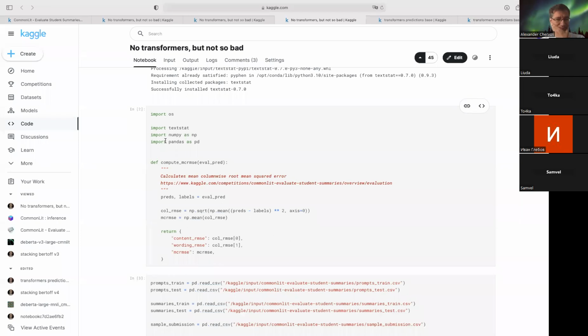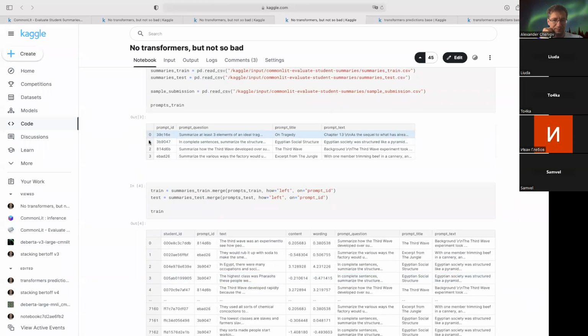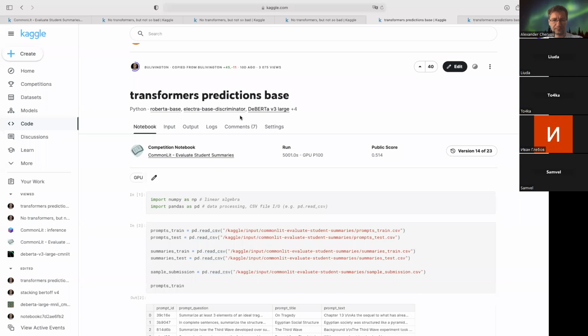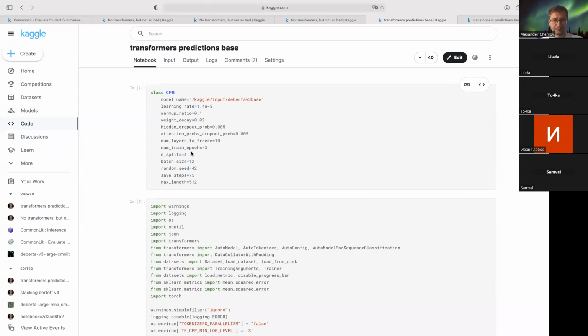What is your plan for the future in this competition? Yes, my plan is simple. I'm going to improve both approaches, add features to the notebook with no transformers, maybe features from previous competitions, and improve models, several models from the notebook with transformers predictions, and use larger models. Then combine outputs from all approaches in one notebook and use stacking techniques.